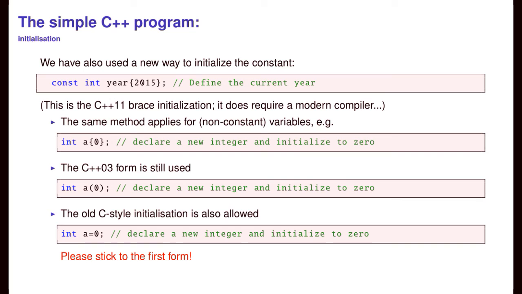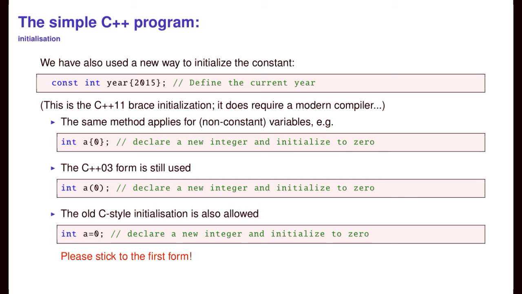Now this concept has changed rather drastically over the years, over different versions of C++. In the previous C++ standard, which is called C++03, there's a form where you write a(0), which might still be used in quite a few codes you see. I try to update all of my codes, but I can't guarantee I've done all of them. And there's even a third one, which is the C-style initialization, int a = 0, which declares a new integer and initializes it to 0.